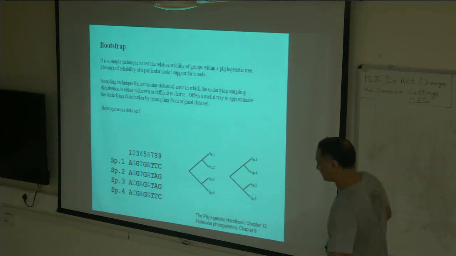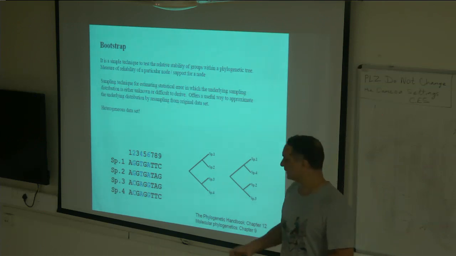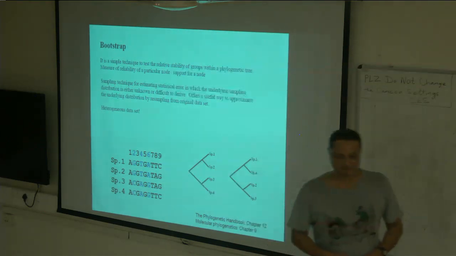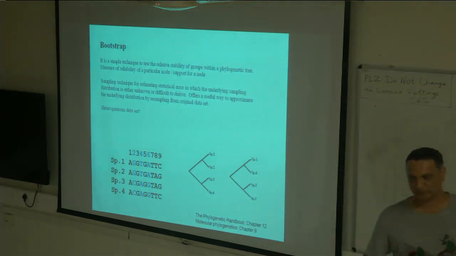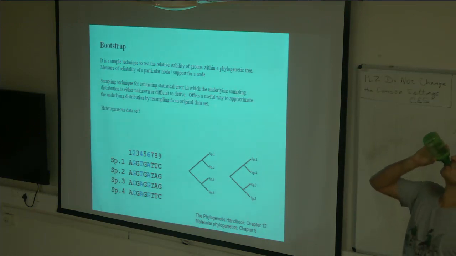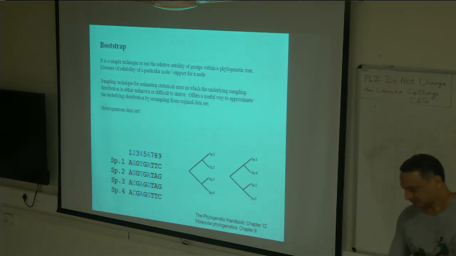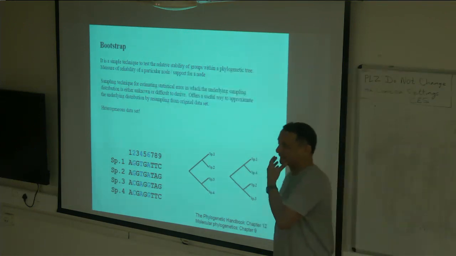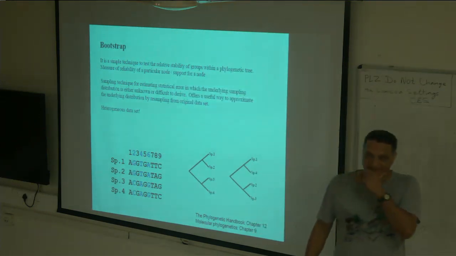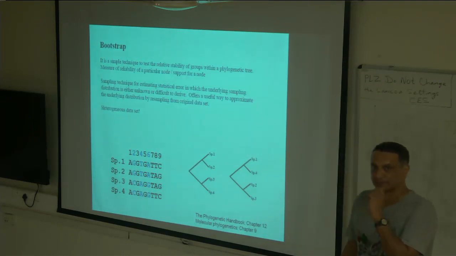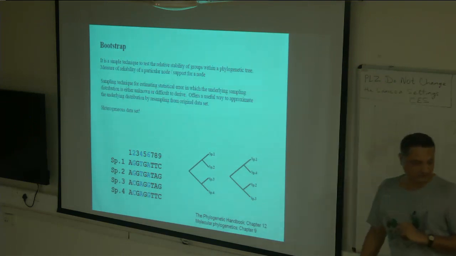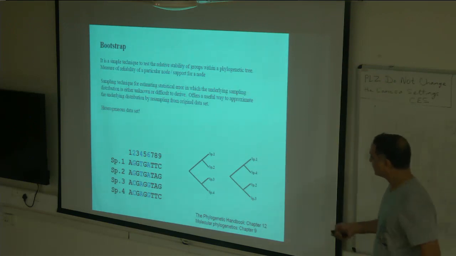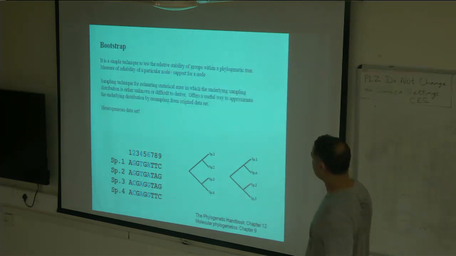Which among these 2 phylogenies is supported by this alignment? This tree or the first tree or the second tree?